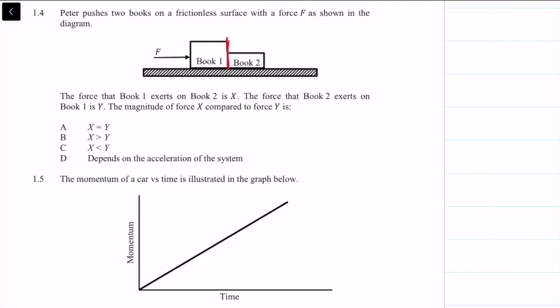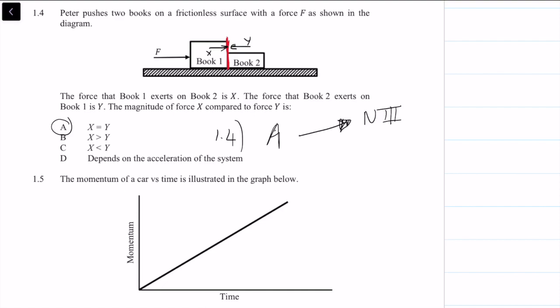That would be X, and that would be Y. Using Newton's third law, we know that the forces are equal. This is basically a theory question. So question 1.4, the answer is A because of Newton's third law.